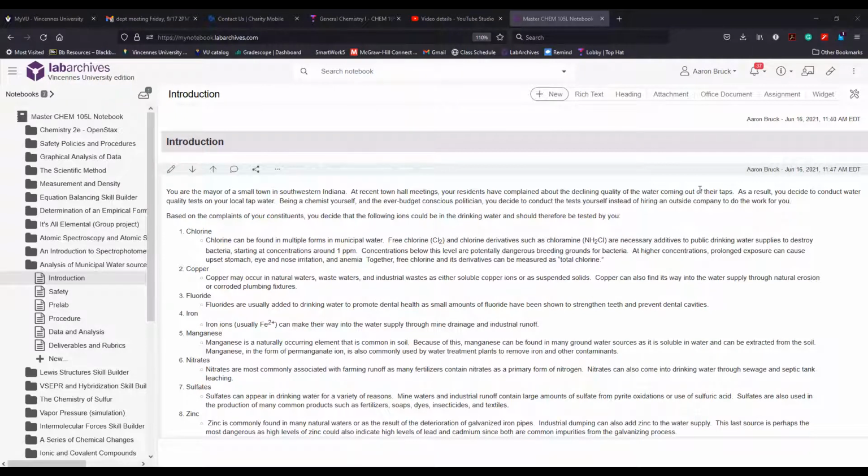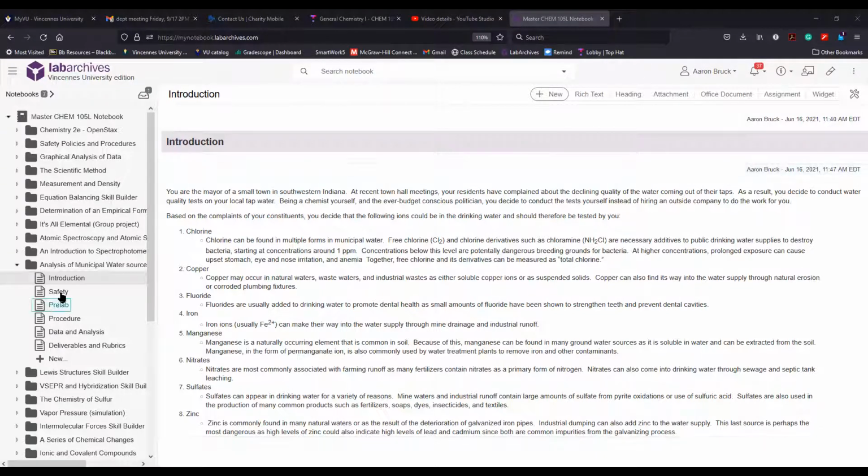But we're going to narrow it down to these 8: total chlorine, copper, fluoride, iron, manganese, nitrates, sulfates, and zinc. So these are the primary sources of contamination that we have narrowed our focus down to. And so you'll be testing for these 8 items.